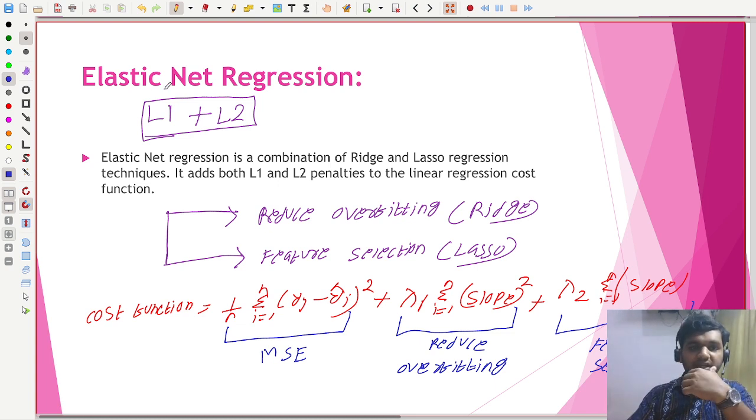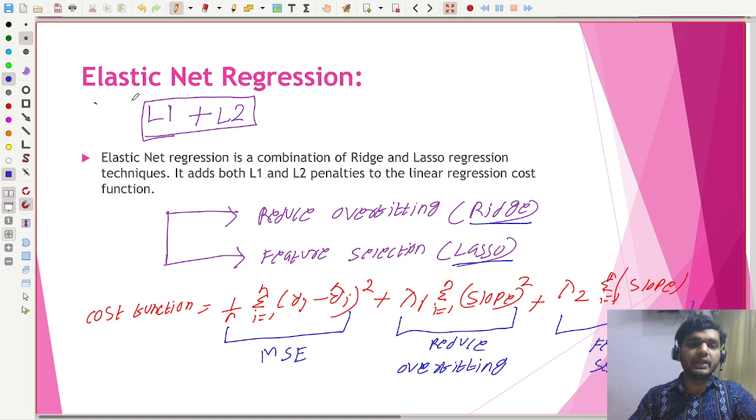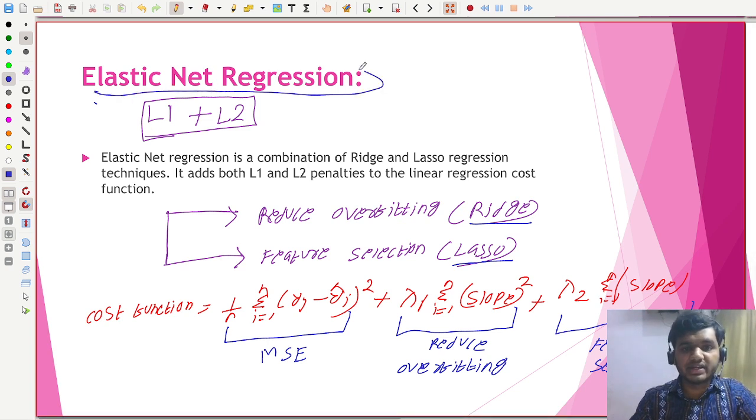We will use elastic net regression. To reduce overfitting, that is ridge regression. For feature selection, we will use lasso. For both, that is to reduce overfitting and for feature selection, we will use elastic net regression.